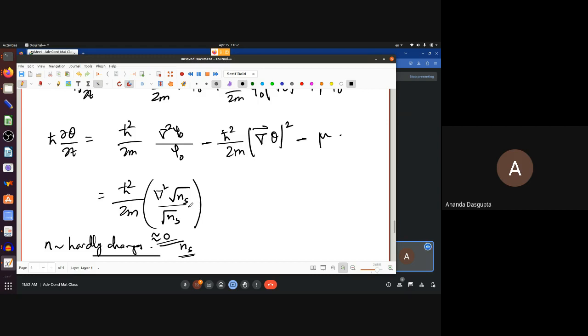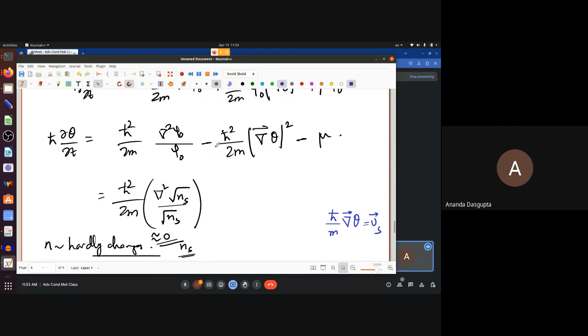Now comes the really tricky part. Can you identify what this quantity is physically from what we have already said about gradient of theta? Last class, what was gradient of theta interpreted as? Or rather h cross by m grad theta, what was that? Yes, this is the velocity of the superfluid. So what is this? Can anybody tell me?